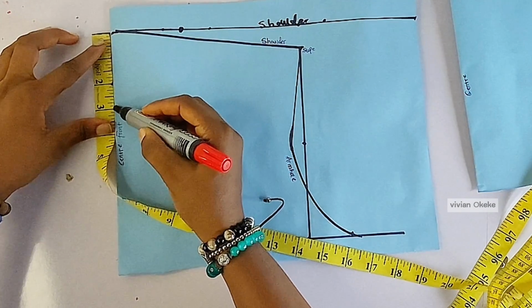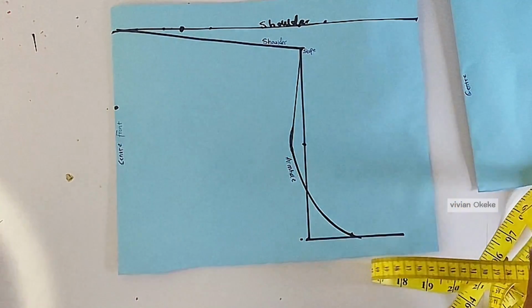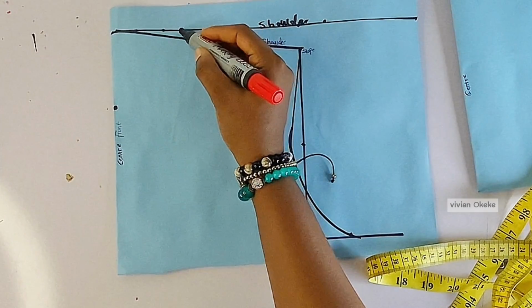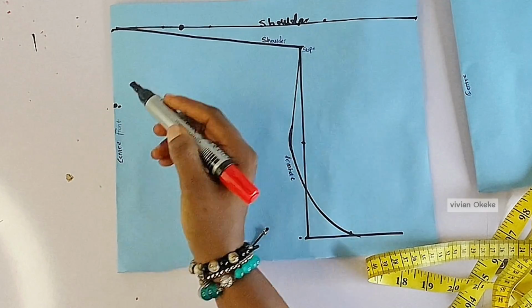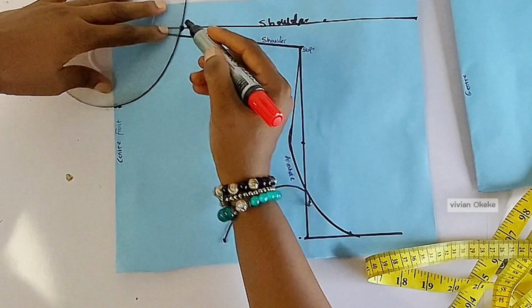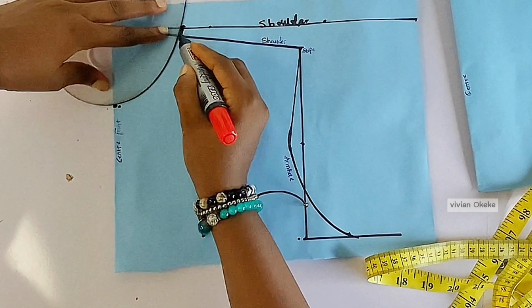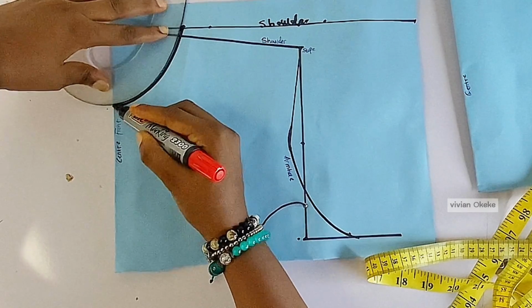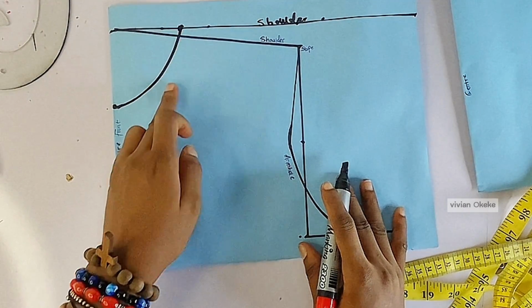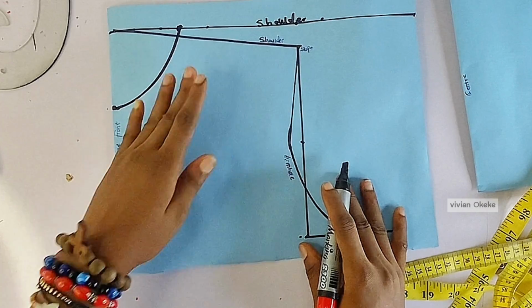I'll mark 3 inches, and I'll use my curve ruler to connect this point to this point. This is the neck depth and this is the neck width. So I'll connect. And this is it. This is the normal way to draft out your basic neckline.